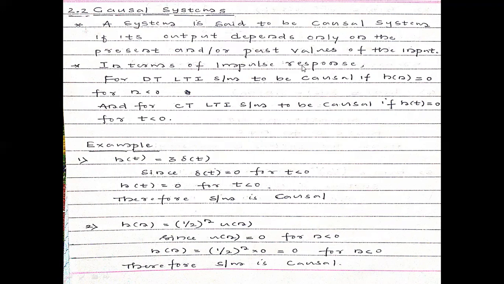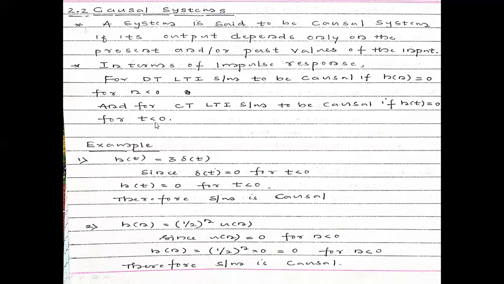In terms of impulse response, any discrete time LTI system is said to be causal if its impulse response h of n is 0 for n less than 0. Similarly, a continuous time LTI system is said to be causal if its impulse response h of t is 0 for t less than 0.